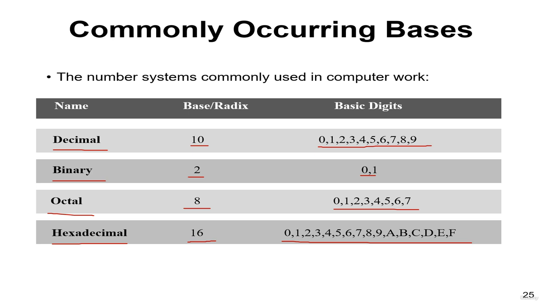Similarly, in binary we have got 0 and 1, they are less than 2, and in octal we have got 0, 1, 2, 3, 4, 5, 6 and 7, they are less than 8. And similarly in hexadecimal we have got 0, 1, 2, 3, 4, 5, 6, 7, 8, 9, A, B, C, D, E and F, and all of them have values which are less than the base, that is 16.